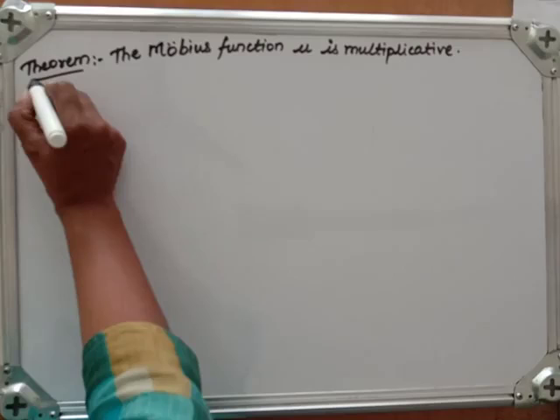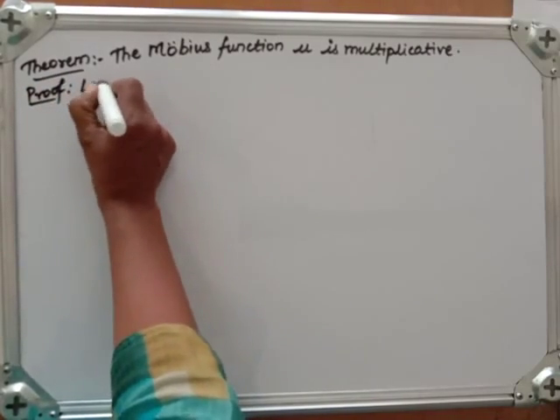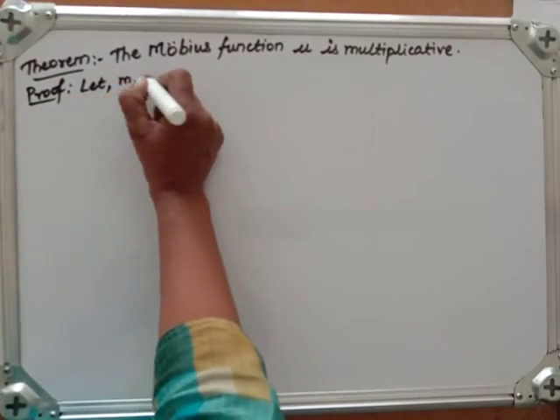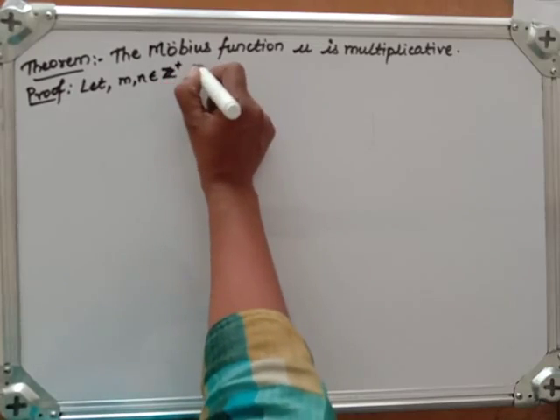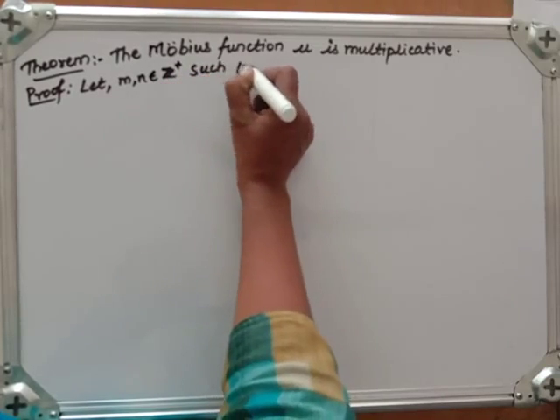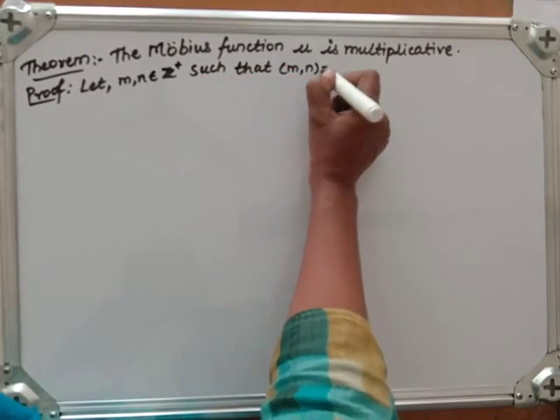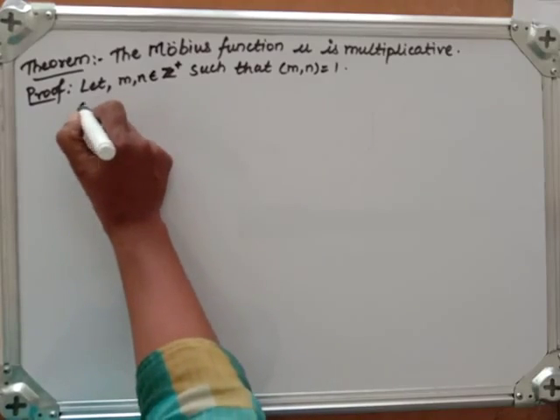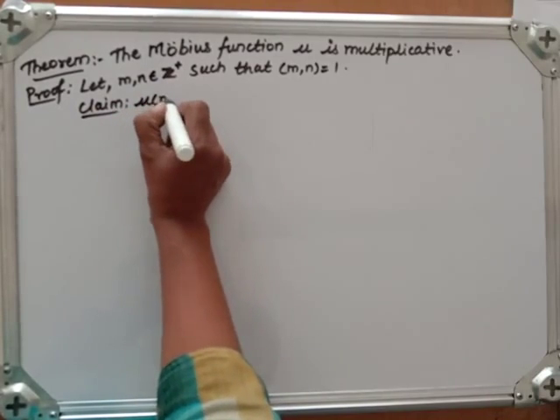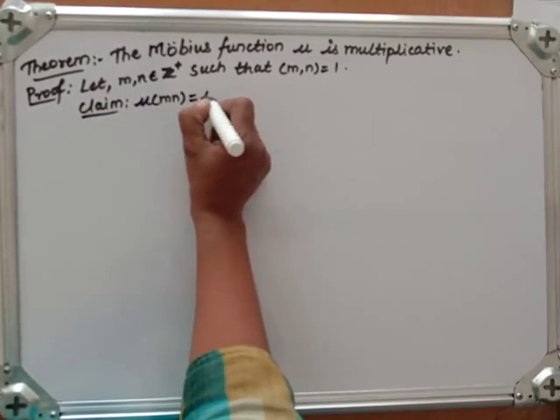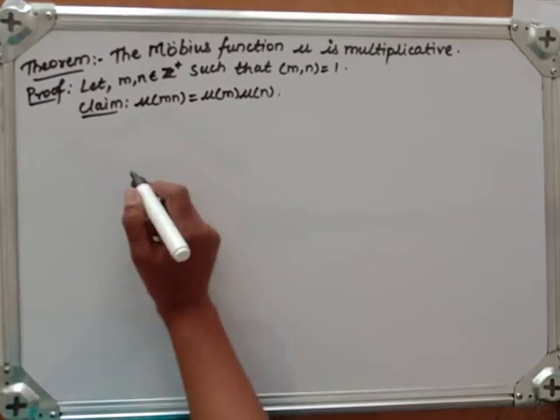Okay, so proof. Let m, n belong to Z plus such that m and n are relatively prime. Claim is that mu of mn is equal to mu of m into mu of n. Okay?